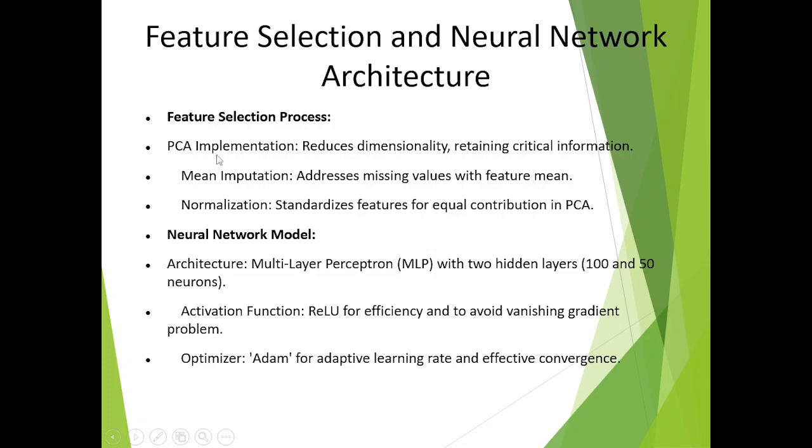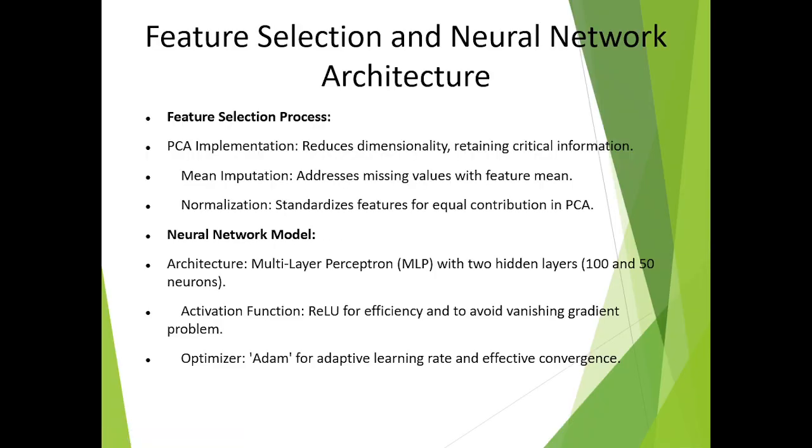While doing this, a mean imputation is also done because there were a lot of missing data found. Mean imputation addresses missing values with the feature mean. And normalization is also done, which standardizes the features for equal contribution of PCA.